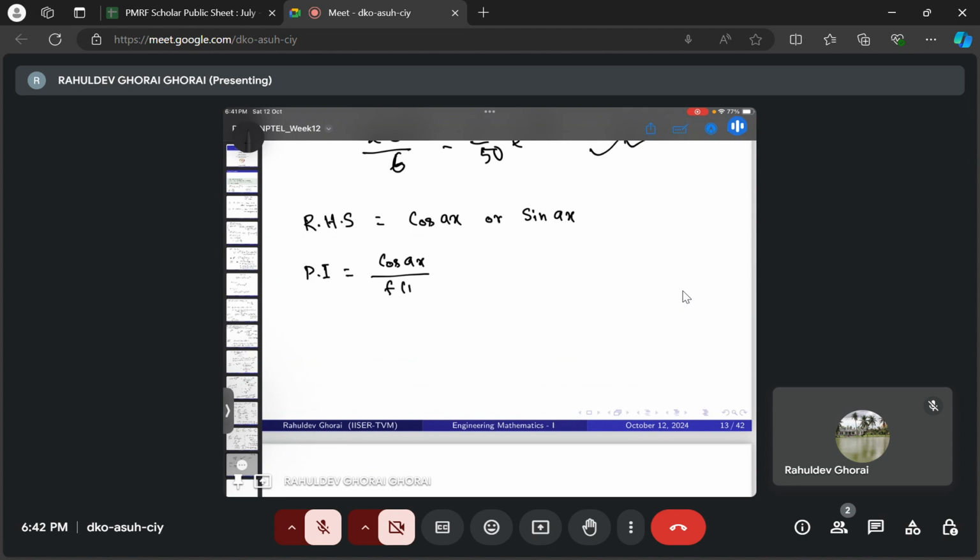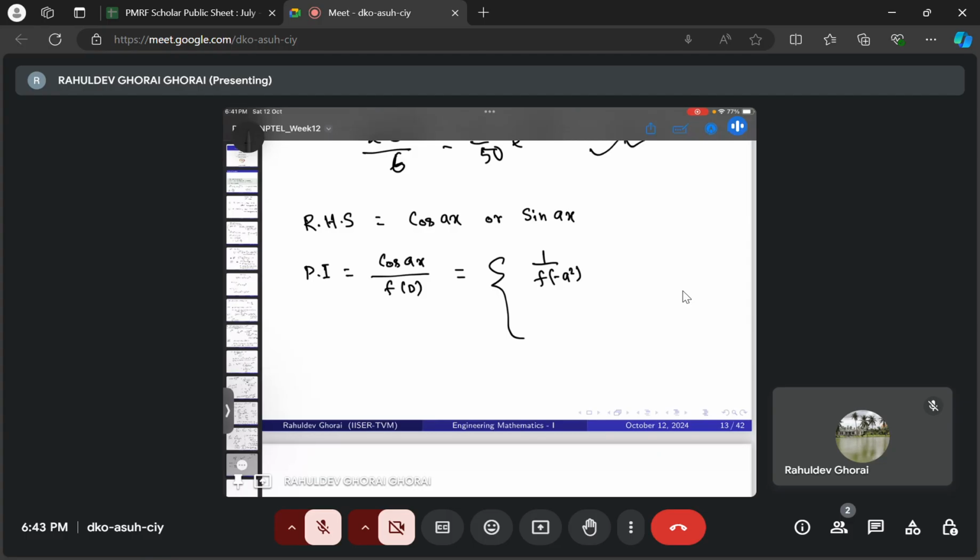And D, that you can write as 1 over f(-a squared) times cos ax, or sin ax also. So don't make the mistake of writing minus a whole squared, because that does not make sense.